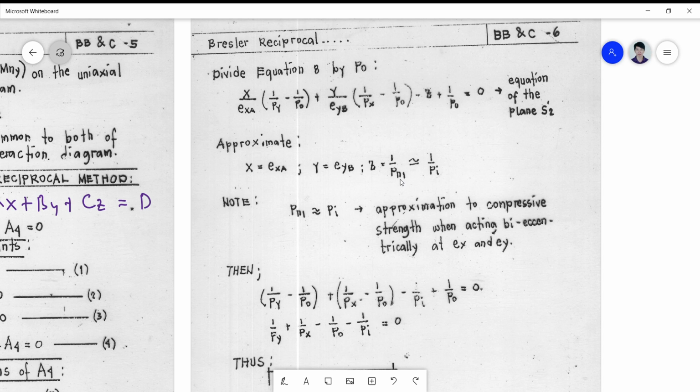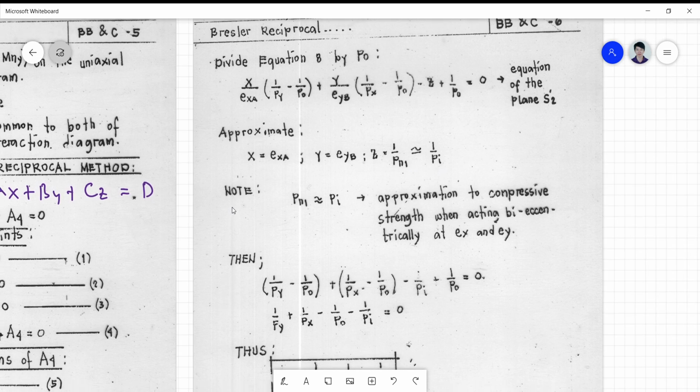But again, as I told you, the error is very small when your Pn is quite big, and your error becomes big when Pn is small, such that the approximation will yield a change in a variable from Pn to Pi, which makes your Bresler equation look like this.